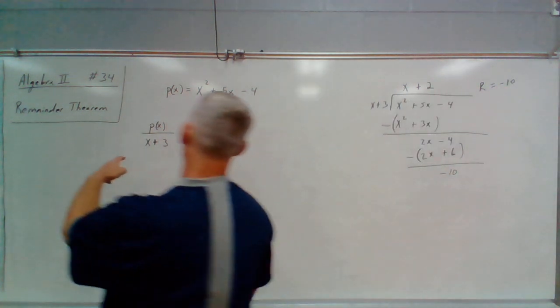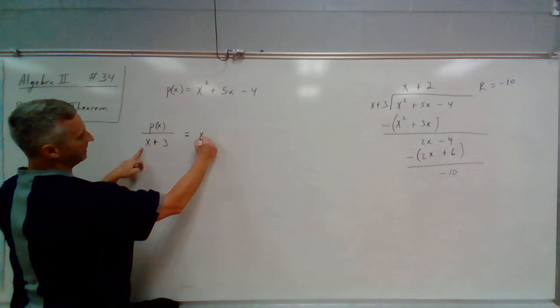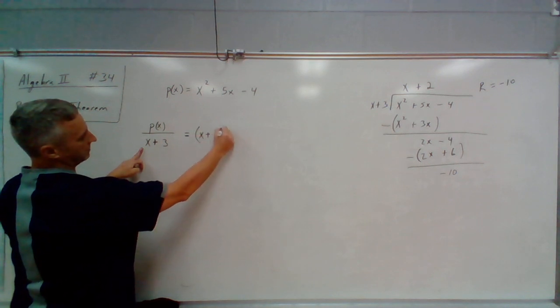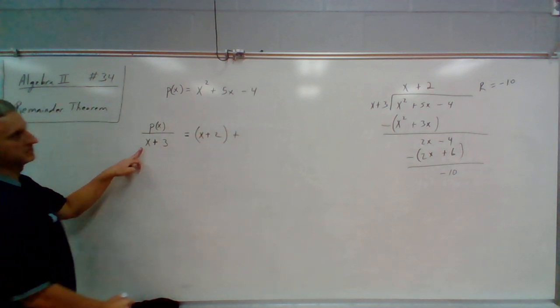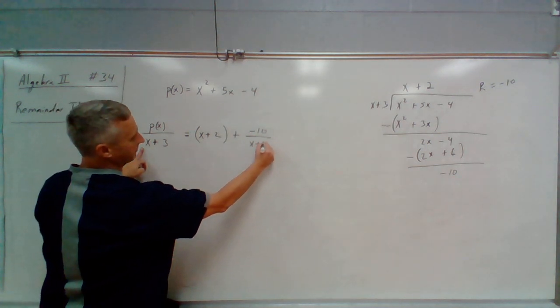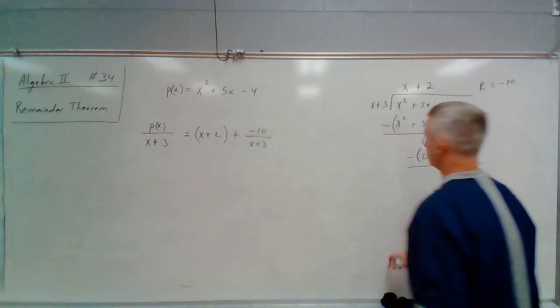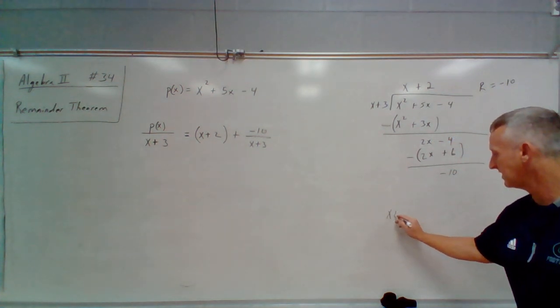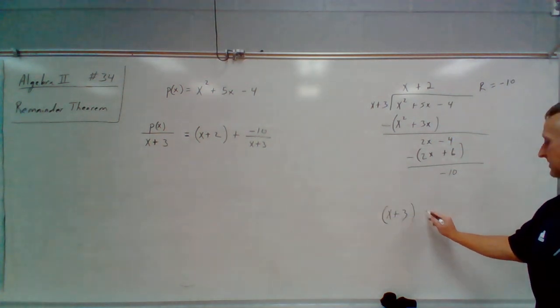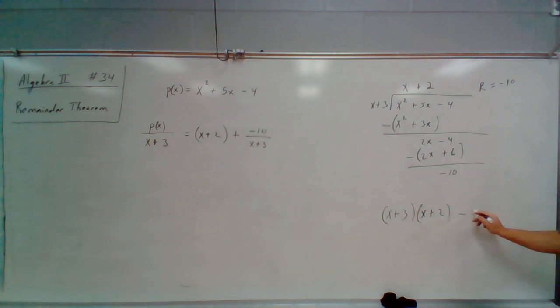Alright, so P of x over x plus 3 should equal x plus 2 plus negative 10 over x plus 3. Let's make sure that's really true. So what I'm claiming is that x plus 3 times x plus 2 minus my remainder should give me that original thing.